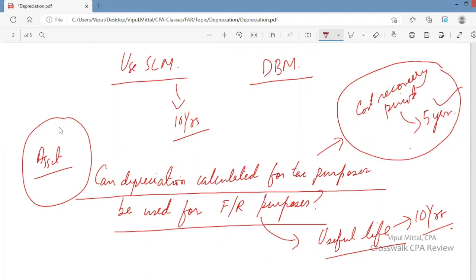Because the cost recovery period specified under tax laws is unreasonable. It is unreasonable considering the useful life of the asset for financial reporting purposes. This 5 years is unreasonable considering the estimated useful life for financial reporting purposes, that is 10 years. If this is the case, then do not use tax depreciation for financial reporting purposes. Otherwise, it is okay. You can use tax depreciation for financial reporting purposes.